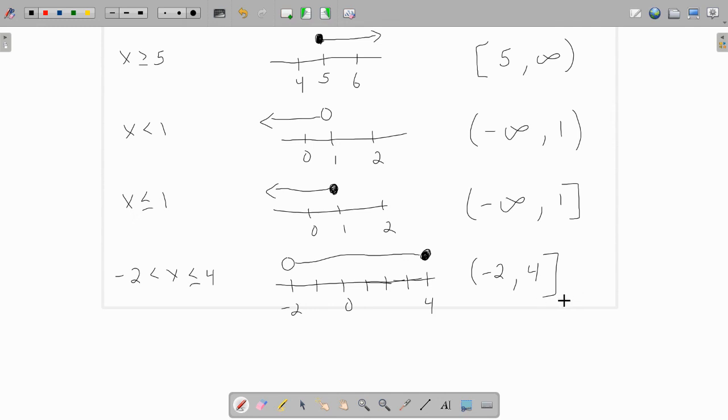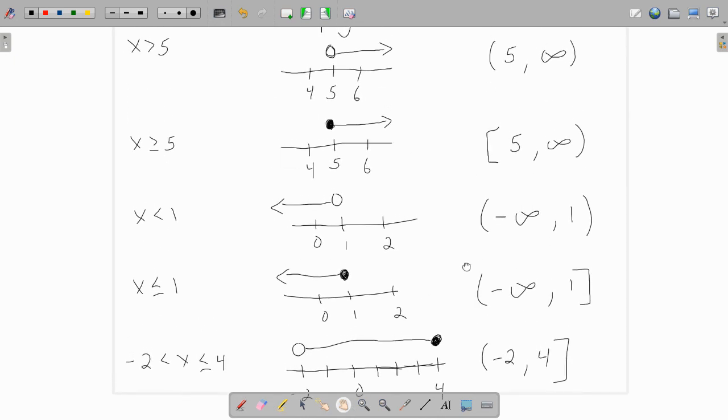So those are most of the scenarios, at least the different pieces we need right now. You just have to understand the bar, no bar, bar. So no bar right there, bar. Open, close, parenthesis, bracket.